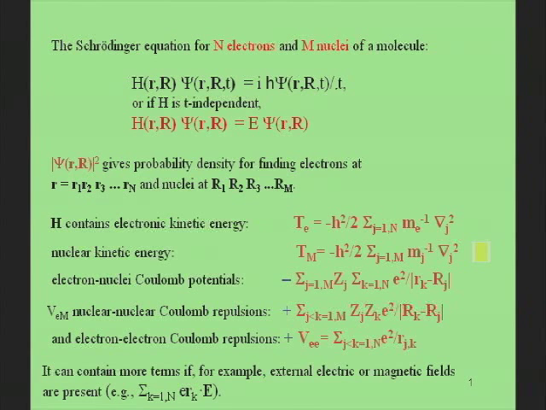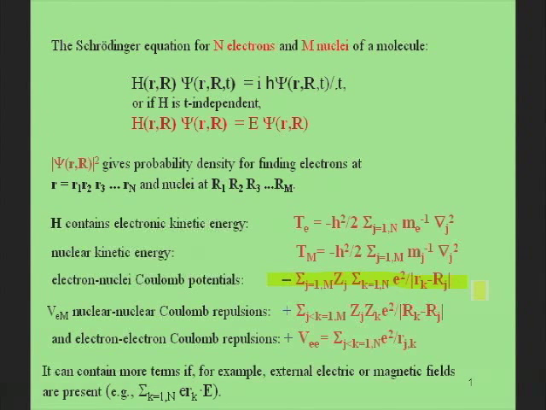But then we have potential energy terms. And the main potential energy terms are Coulombic interactions among the electrons and nuclei. The terms that describe the electron nuclear Coulombic potentials are, now one thing I want you to notice about this is these are negative. That is, the electron nuclear Coulombic potentials are attractive because the electrons and nuclei are opposite in charge.